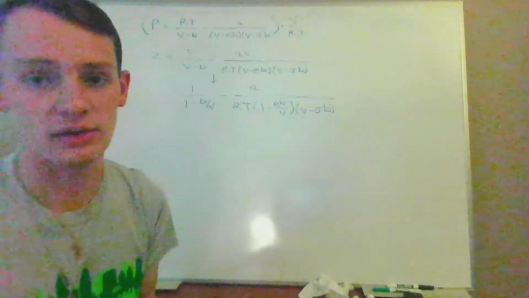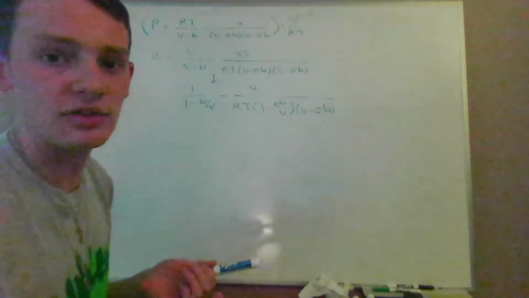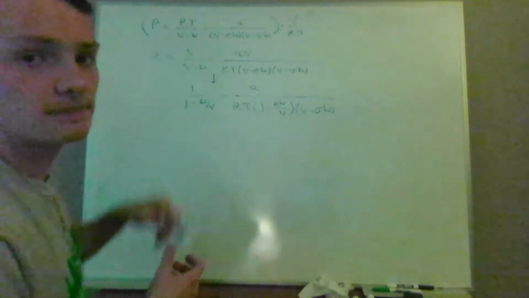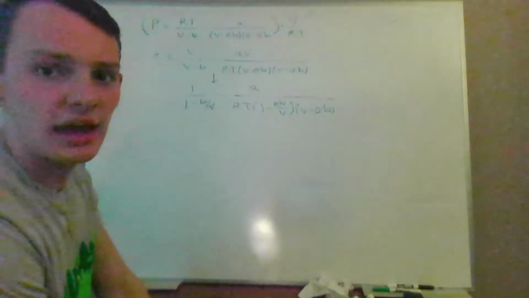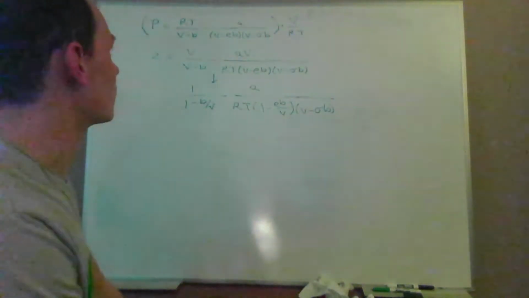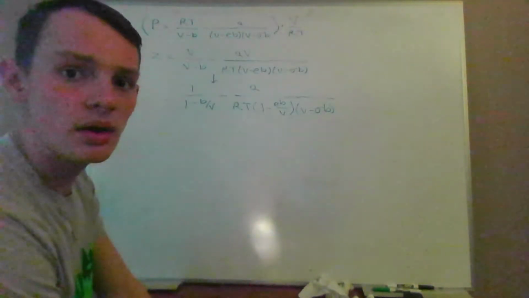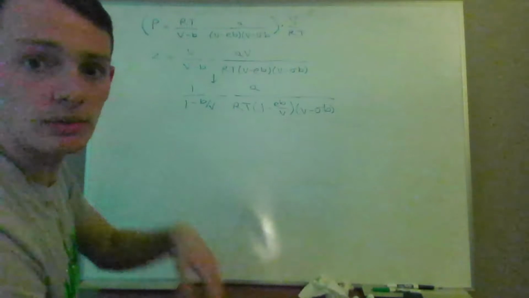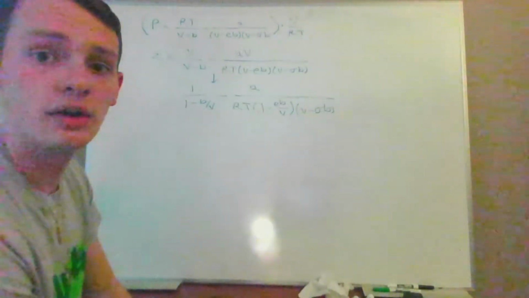The reason we do this is because in many real-world applications, you're going to be given a pressure and a temperature, and you're going to want the specific volume. With the general cubic equation of state, it's quite difficult to get that volume, but it's much easier to derive this cubic polynomial for the compressibility factor, which is what we're going to do in this video.